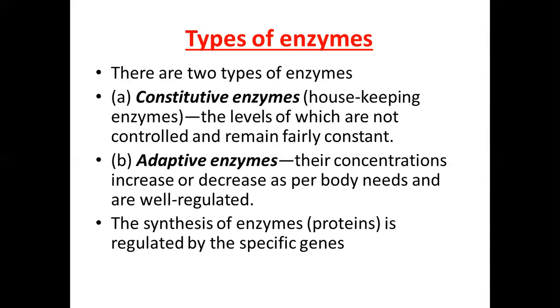The synthesis of enzymes, which are proteins, is regulated by specific genes. Overall, for constitutive enzymes, the concentration remains fairly constant throughout a definite time period. But for adaptive enzymes, the concentration may rise or decrease.